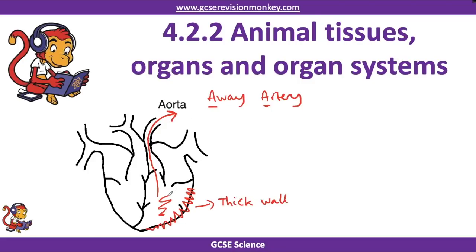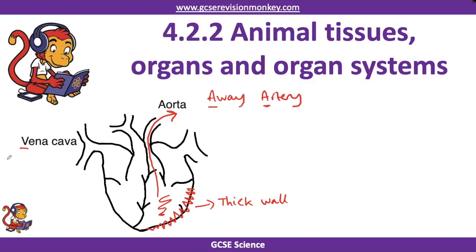And when the blood goes around the body, oxygen will diffuse out of the blood into other cells so that they can use it for respiration, and the blood will return back to the heart as deoxygenated blood through the vena cava.